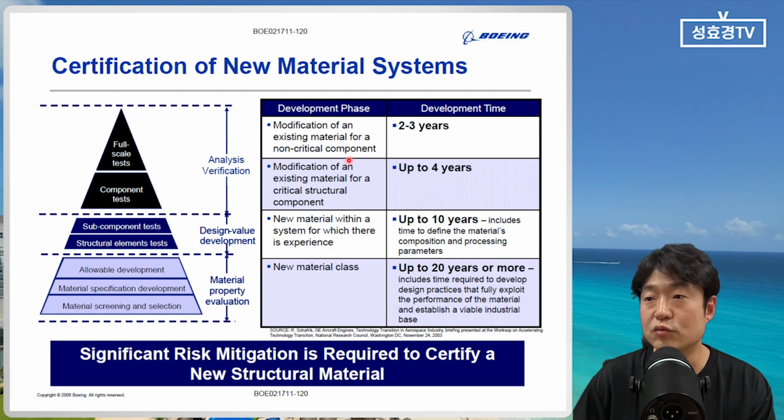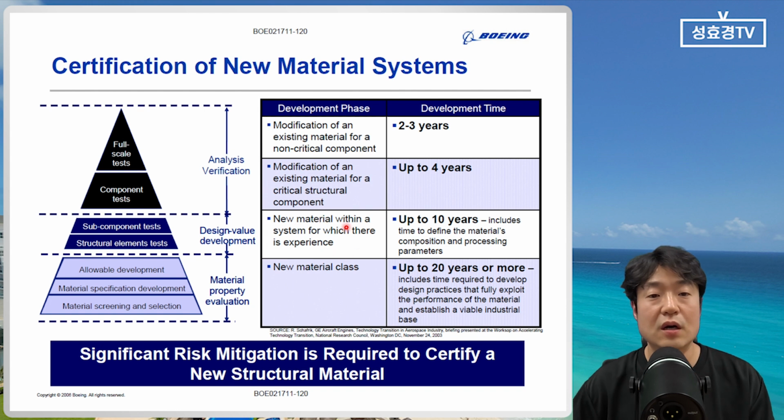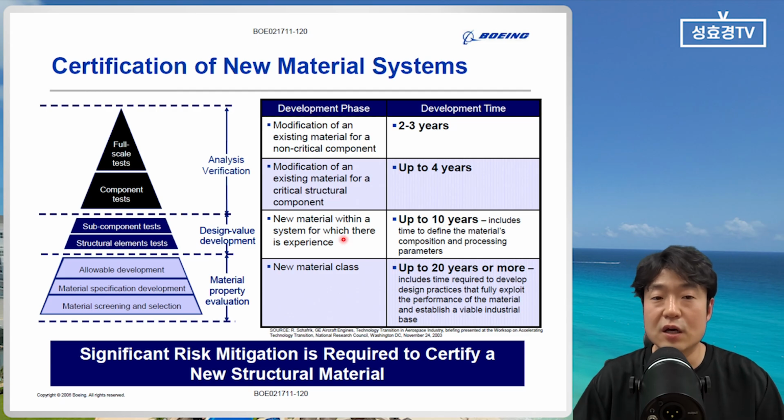In that case, we should do a lot of tests, even though it is an already developed material. But in your case, for example, if you develop new materials using AI, then this should be certified with a lot of things like that. So it will take up to 10 years, including time to define the material composition and processing parameters. So it takes a very long time.